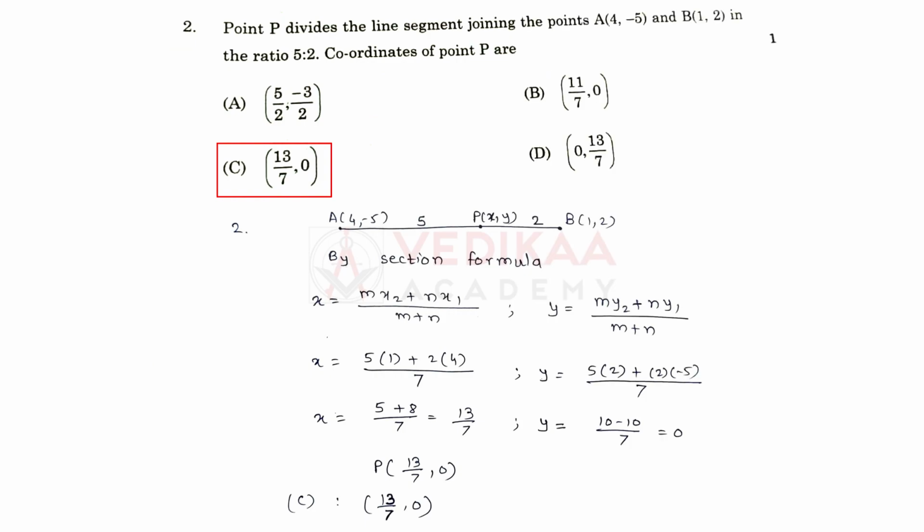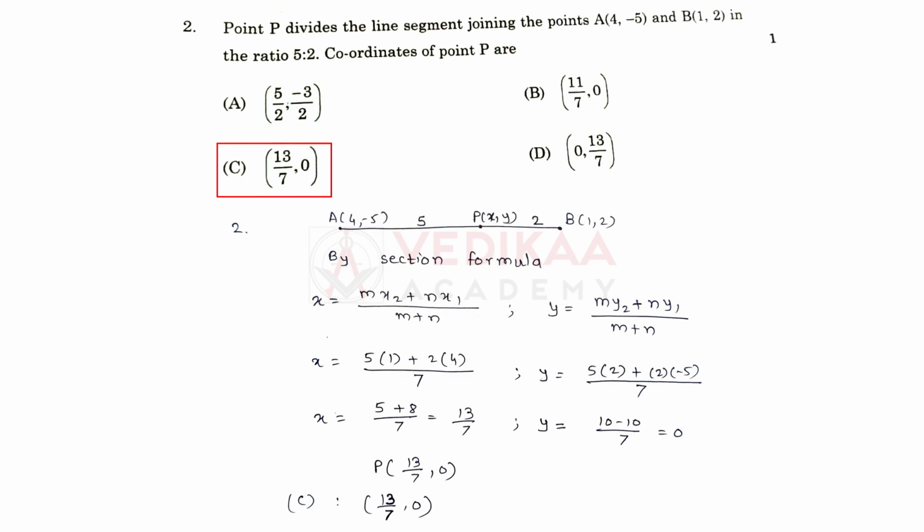Question number 2, you have to find the coordinates of point P. The coordinates of A and B were given, and the ratio was given. Again, by using the section formula, you can easily calculate the coordinates of point P. Here x is equal to (mx2 + nx1) upon (m + n).